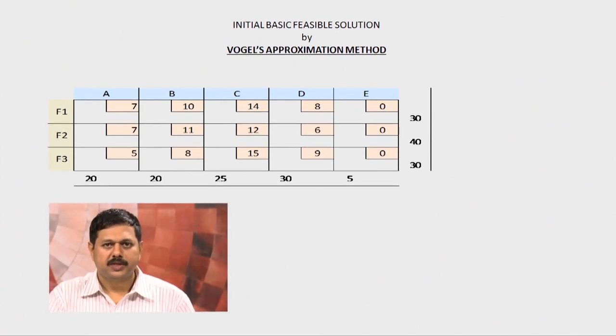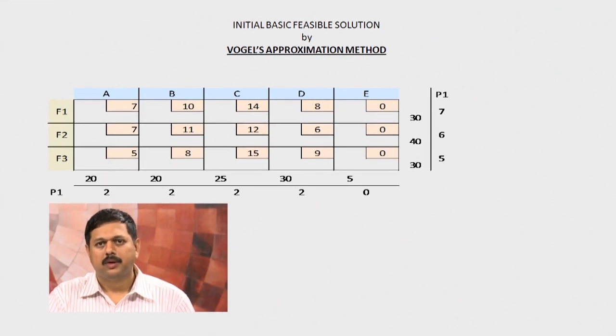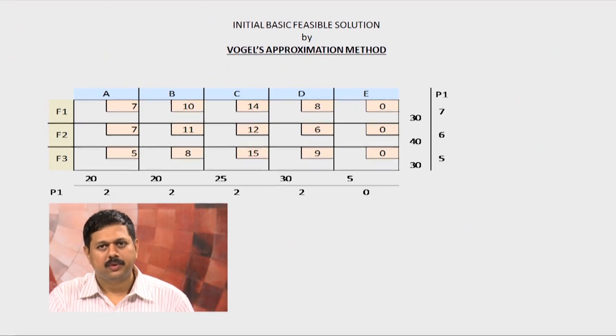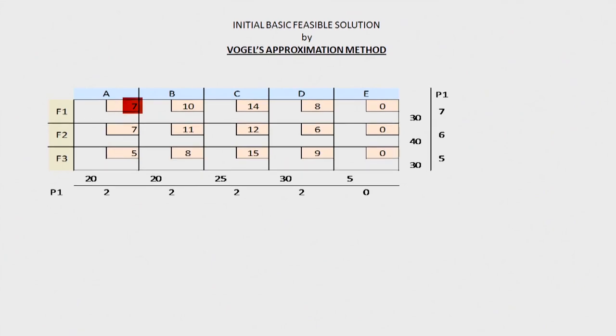P1 is the first penalty. The least unit cost of transportation in F1 row is 0 and the next highest is 7. Therefore, P1 is 7 for F1. Similarly, P1 is 6 for F2 and P1 is 5 for F3.